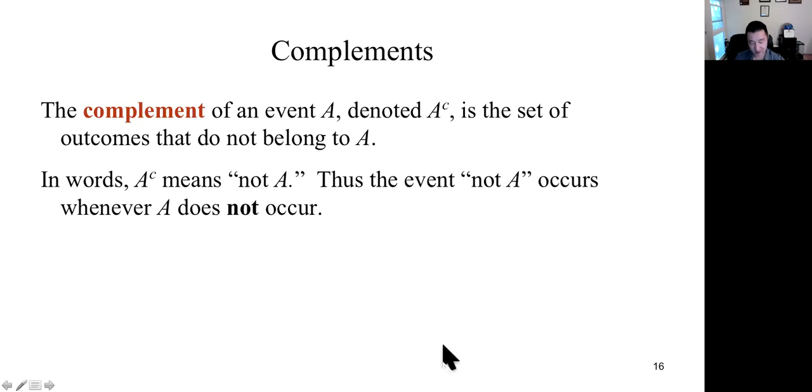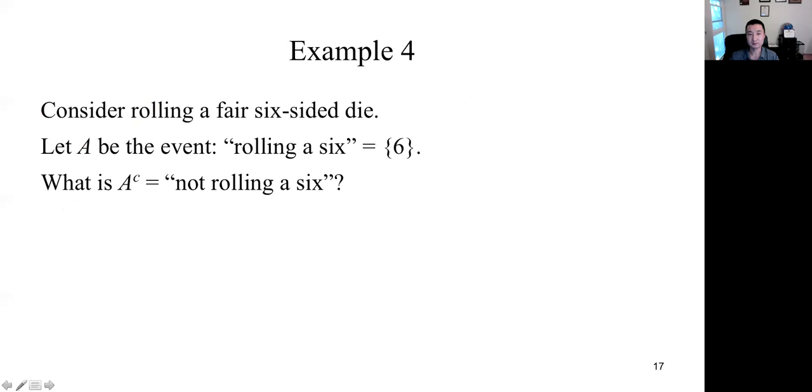The complement of event A, which can also be written as A with a C on top, C is for complement, is the set of outcomes that do not belong to A. So A^C means not A, so the event not A occurs whenever A does not occur.